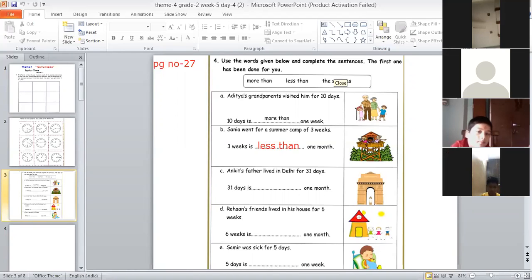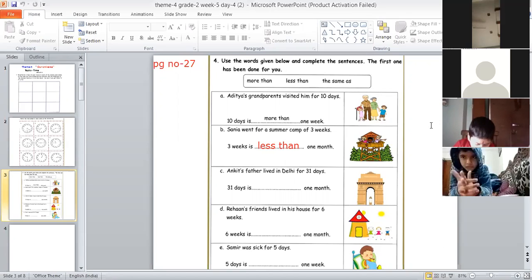I am asking you how many days are there in 1 month? 1 month is equal to how many days? Tanishka, when other children were giving the answers, you were not at all listening. Yes, Kushika? 31 days, ma'am. 30 or 31 days.